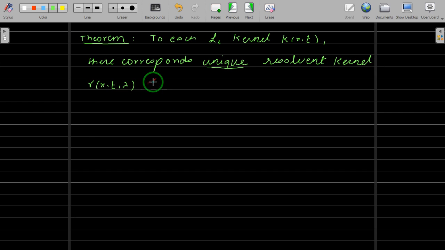Yes, which is an analytic function of lambda. Now if you see here, gamma(x, t, lambda) is a function of three variables. So this gamma(x, t, lambda) is an analytic function of lambda.